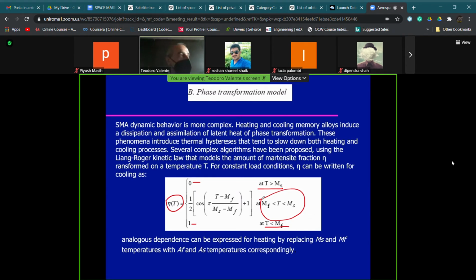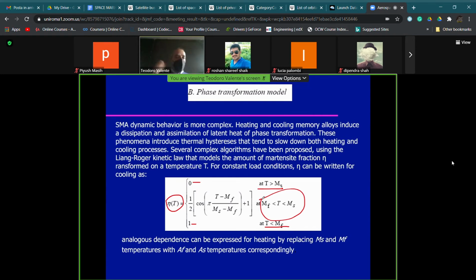You can observe here that we are not using in this model, because we are thinking about a phase transformation model which is activated by varying temperature, the linear term which takes into account the contribution of stress for the variation of the critical temperature values, Martensite and austenite.